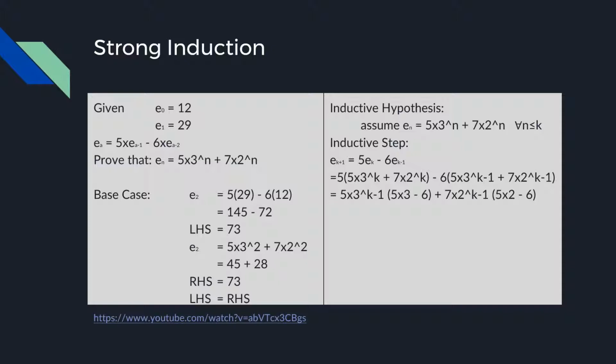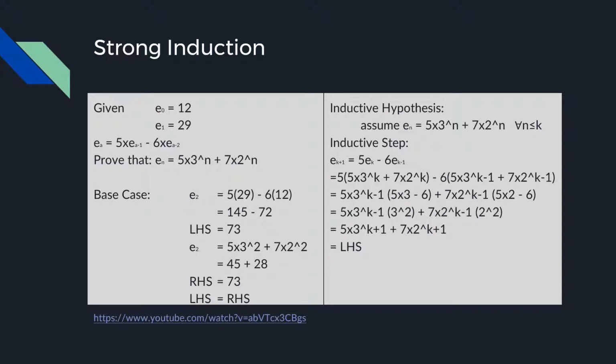After some algebra, it comes to E(k+1) is equal to 5 times 3^(k-1) times (5 times 3 minus 6) plus 7 times 2^(k-1) times (5 times 2 minus 6).